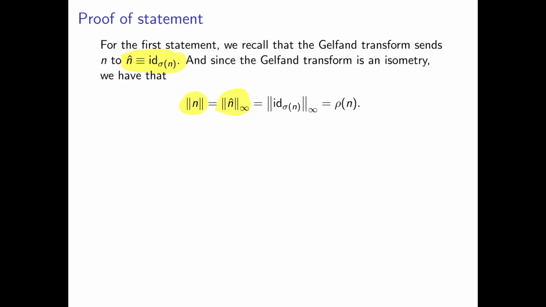And the infinity norm of n hat, since it's identified with the identity function on the spectrum, is just the spectral radius by definition. So it's basically the eigenvalue with the highest absolute value, or whatever you want to call it, and then you get that this is rho. But it doesn't have to, of course, be a proper eigenvalue. It can be just an element of the spectrum that has this value.